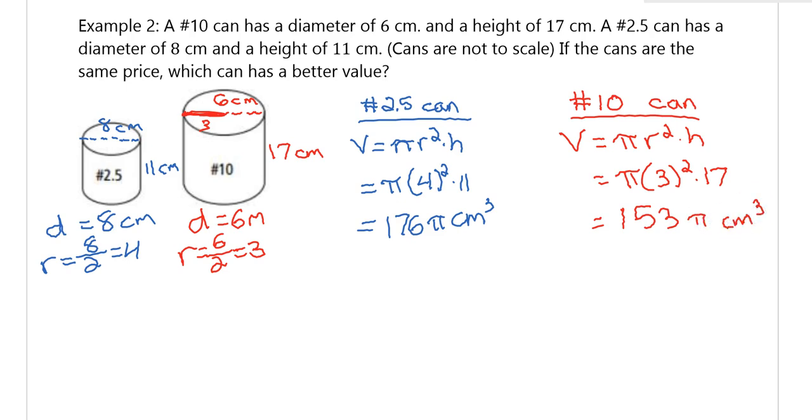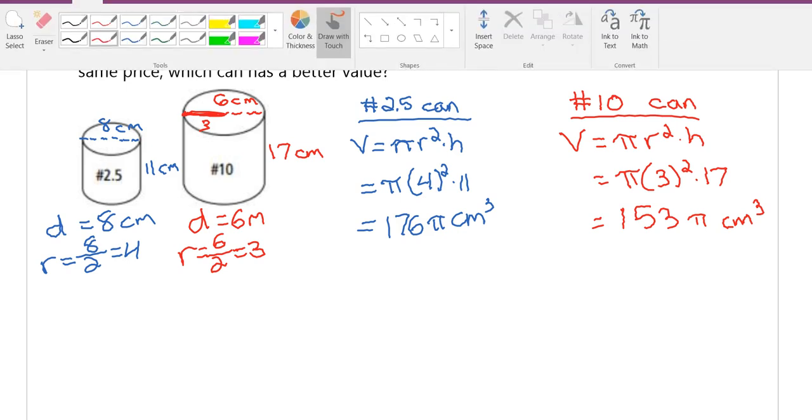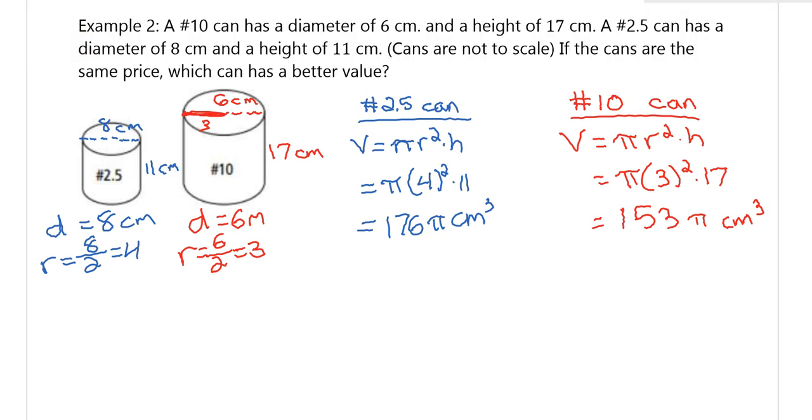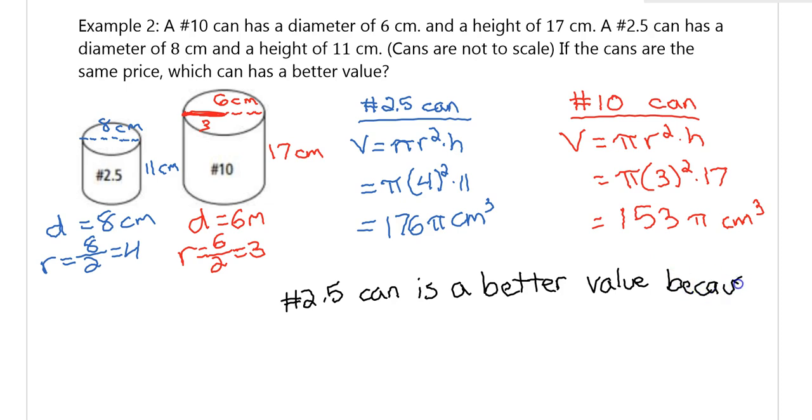So looking at these numbers, one's 176 pi and one's 153 pi. So the number 2.5 can is a better value because there is more in it.